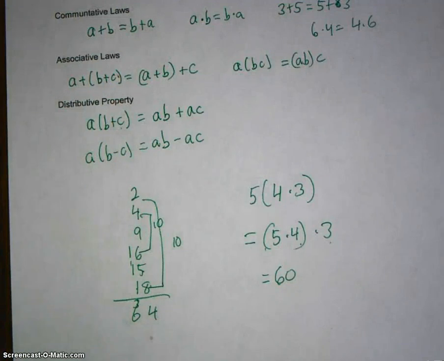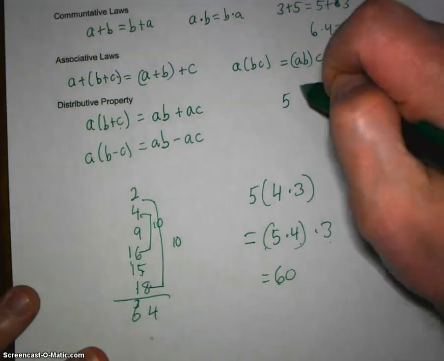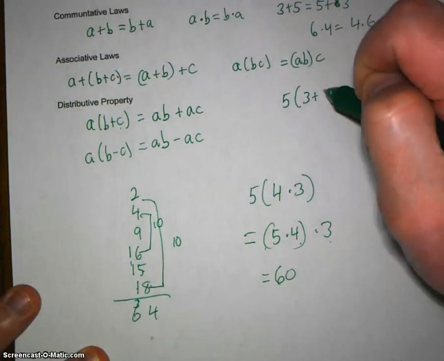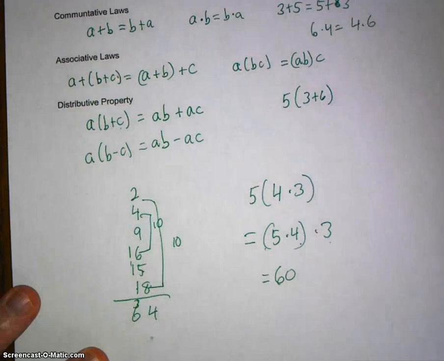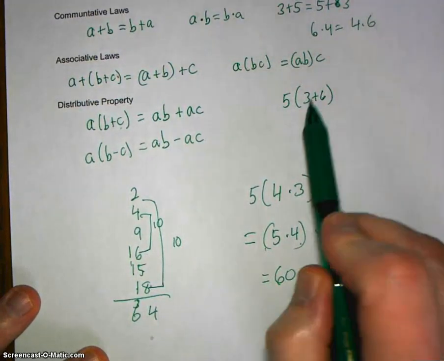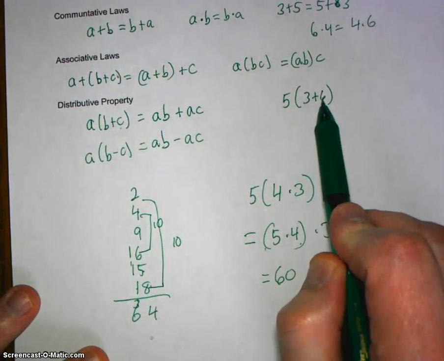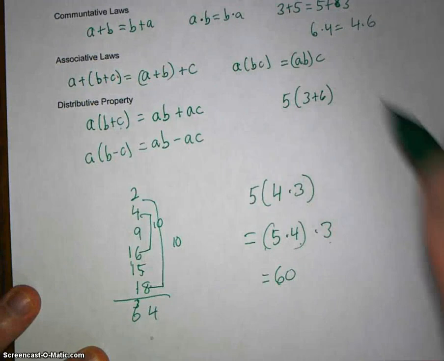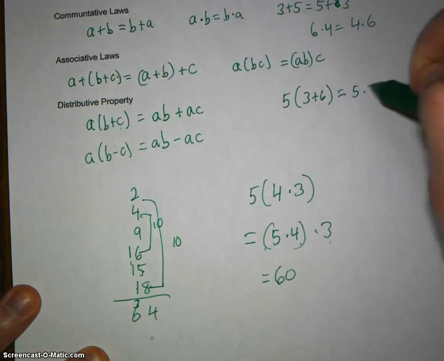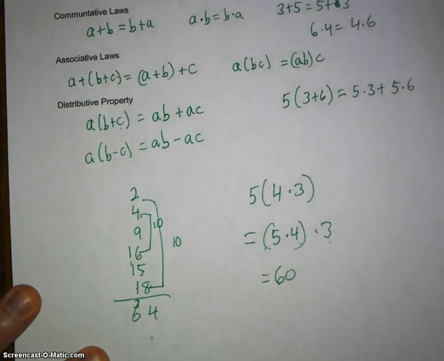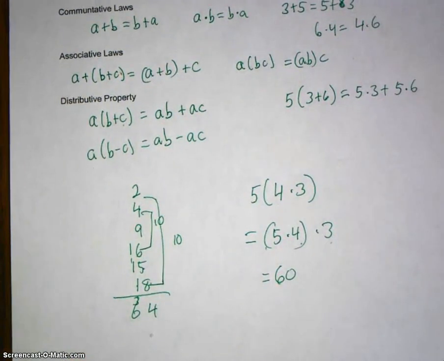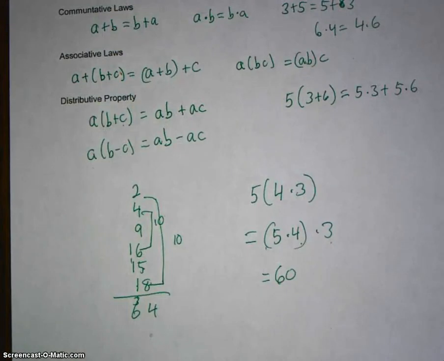Now, when you're only dealing with numbers, maybe this doesn't make a whole lot of sense. I mean, why wouldn't you go 3 plus 6 is 9 and then 9 times 5 is 45? Why would you go 5 times 3 plus 5 times 6? I'm not sure. However, that doesn't mean this is a worthless property.